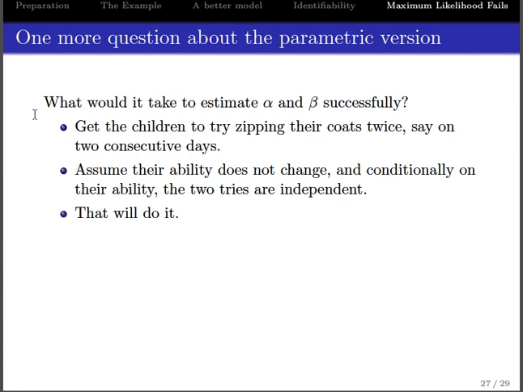Assume that their ability doesn't change. I guess that's right. And also that conditionally on their ability, the 2 tries are independent. And if you are able to live with those assumptions, that'll do it. And you would be able to estimate alpha and beta separately. Writing down the model is an interesting challenge and may appear as a homework problem in the future.